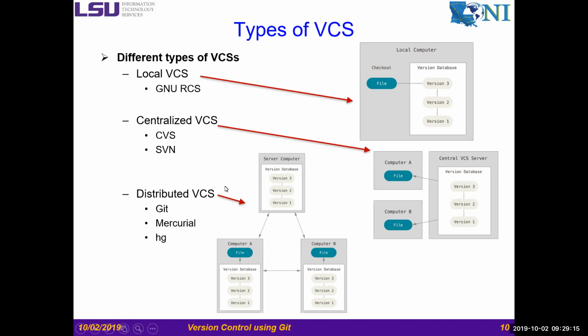Nowadays, most of the systems try to implement this distributed version control system idea. So every entity has a complete copy of the version control system in the repository. As long as you pull the repository, it's a complete copy of everybody's work and all your history.